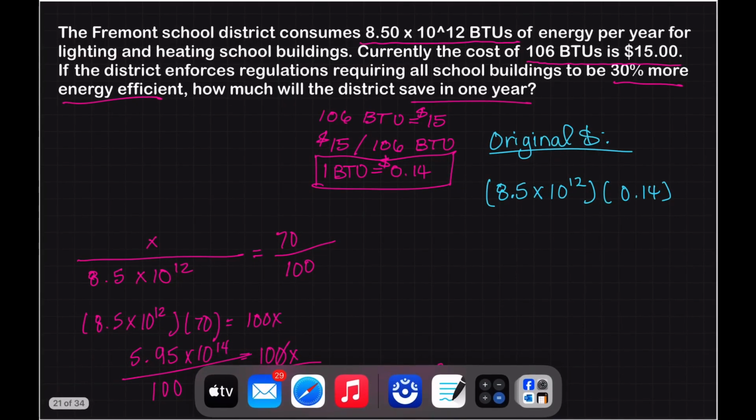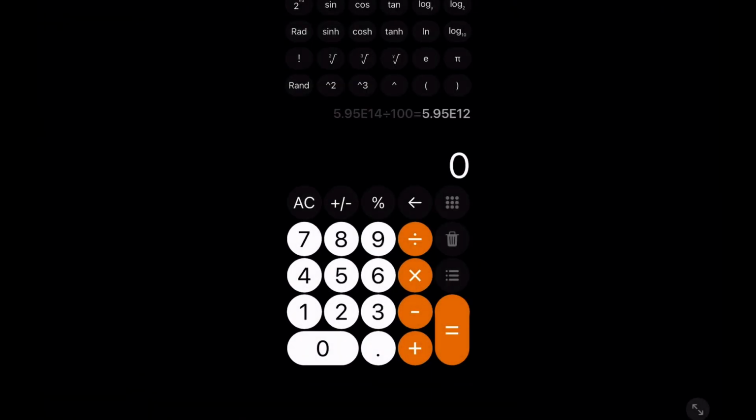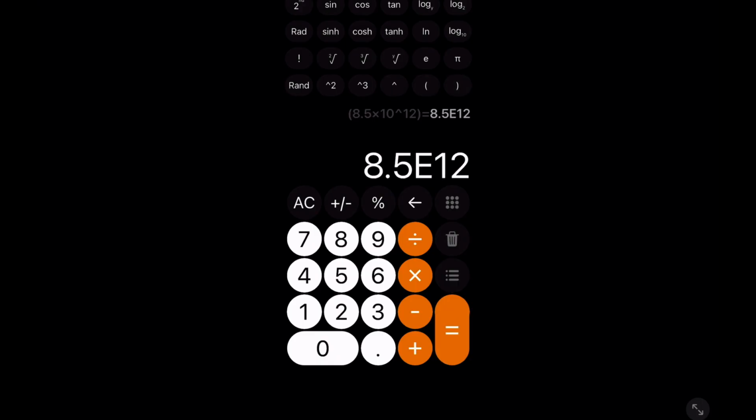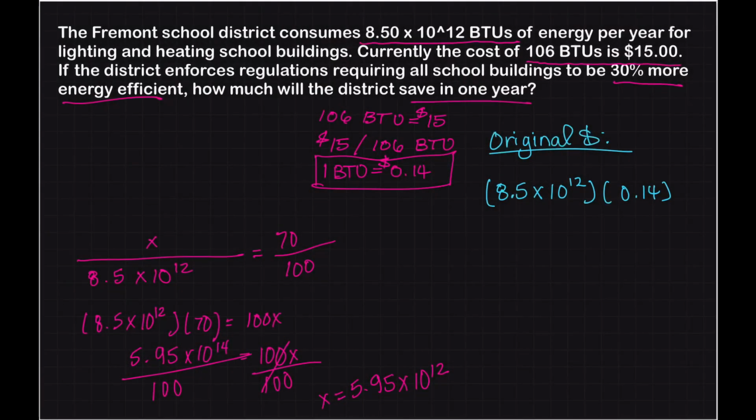Again, I'm going to put this in my calculator. I'll do the parentheses, 8.5 times 10, and I'm going to use this little up guy to the 12th. And that'll give me my number, and then I'm going to multiply that by 14, which is 1.19 times 10 to the 12th. So that's what the original cost was.